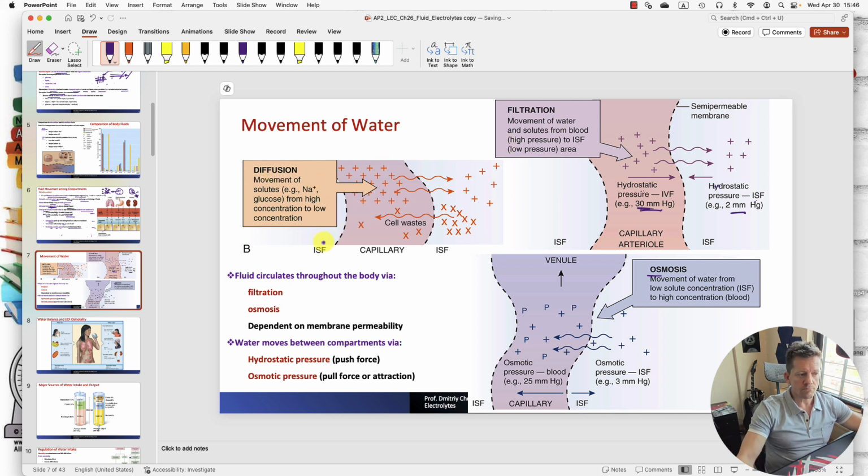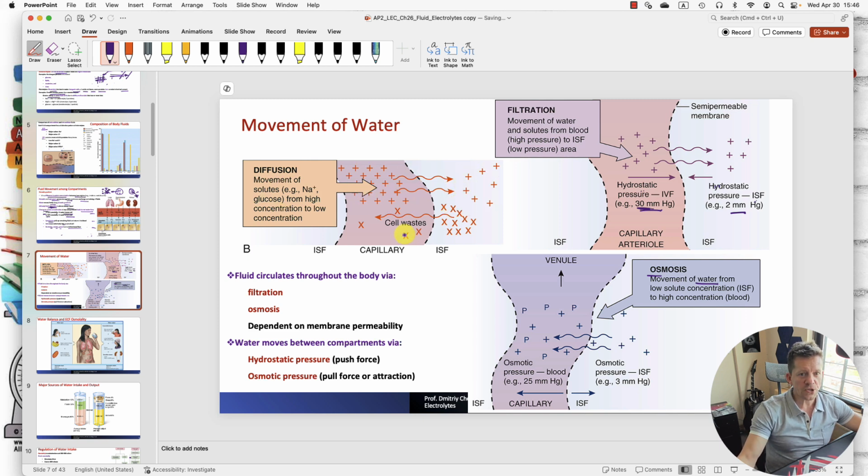Diffusion goes from high to low, similar to filtration, but diffusion is the movement of solutes, because osmosis would be the movement of water. I want to separate this language. So solutes diffuse from high concentration to low concentration.